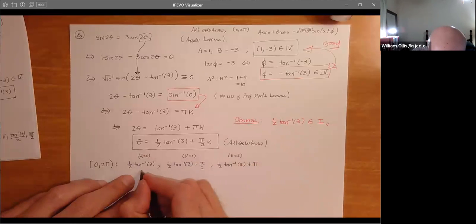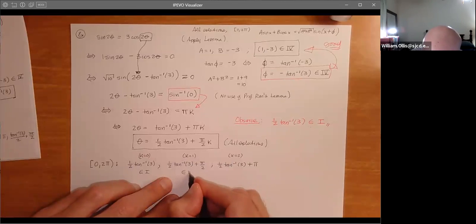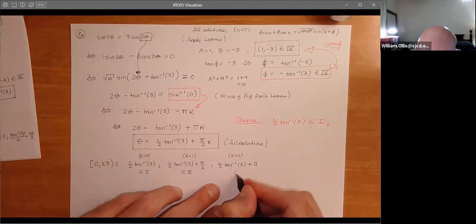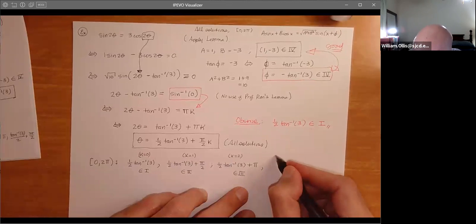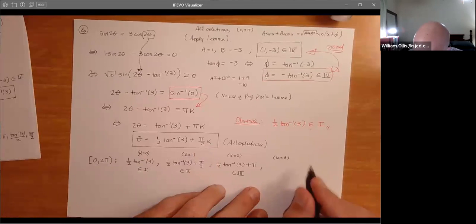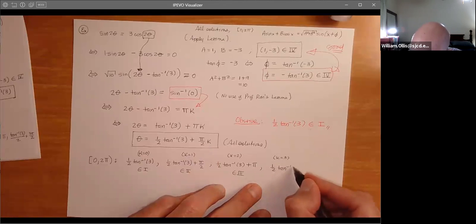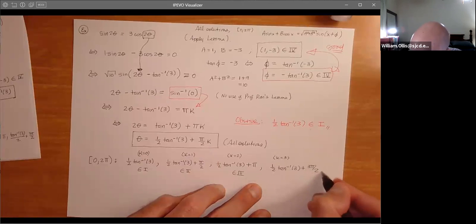So just go ahead and write it below. First quadrant, second quadrant, third quadrant, and then the last quadrant, k equals 3. So of course that'll be 3 pi over 2, ladies and gentlemen. So we get 1/2 inverse tangent of 3 plus 3 pi over 2.